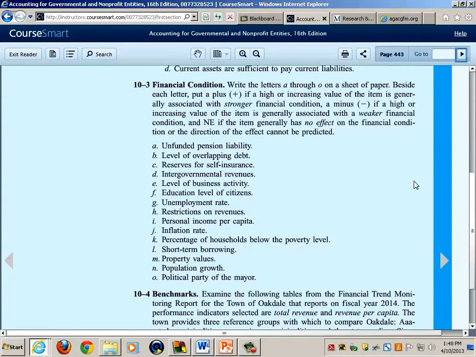Great. Inflation rate, plus or minus? Minus. The higher the inflation rate, the worse things are. Percentage of households below the poverty level. Short-term borrowing. Minus. Property values. Population growth. It's NE because we don't know. We don't know what that does, right?